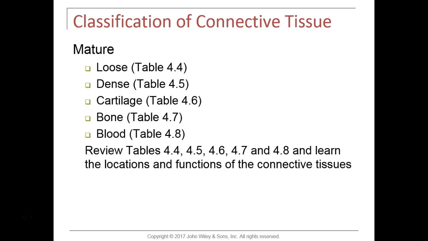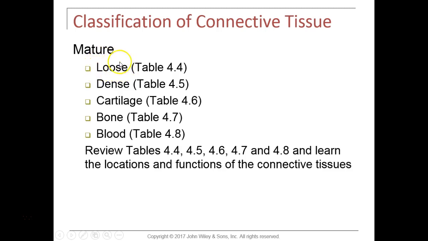Now, the connective tissues are organized. The mature connective tissues in the body are organized into different categories. I listed here the main categories, or subsections, for the mature connective tissues. For instance, some of the connective tissues are considered to be loose connective tissues because the cells are more spread apart and the fibers, more importantly, the protein fibers, are spread apart.